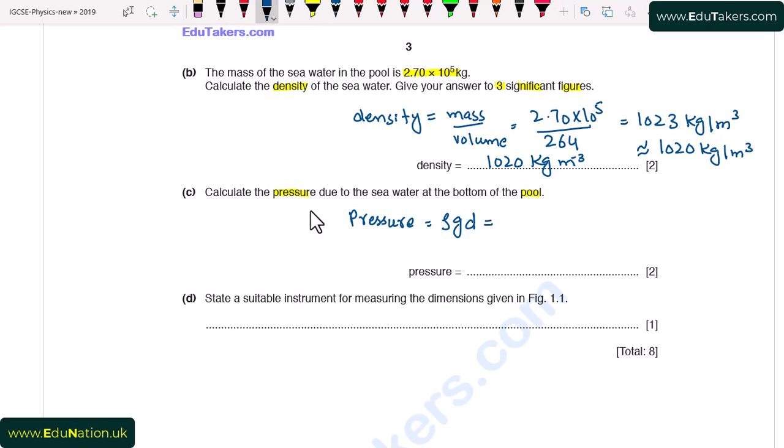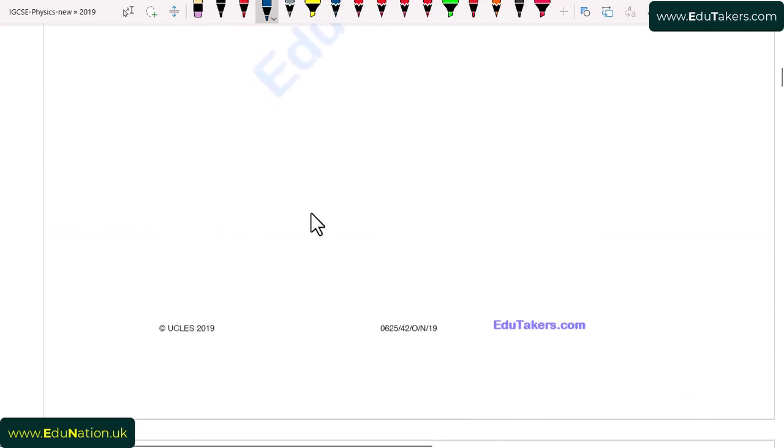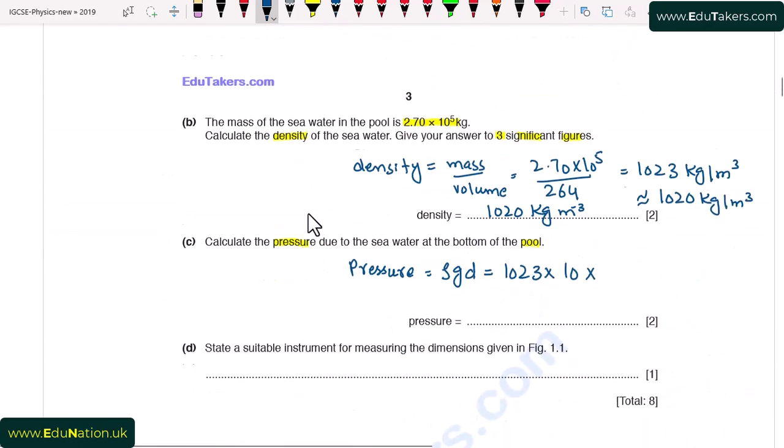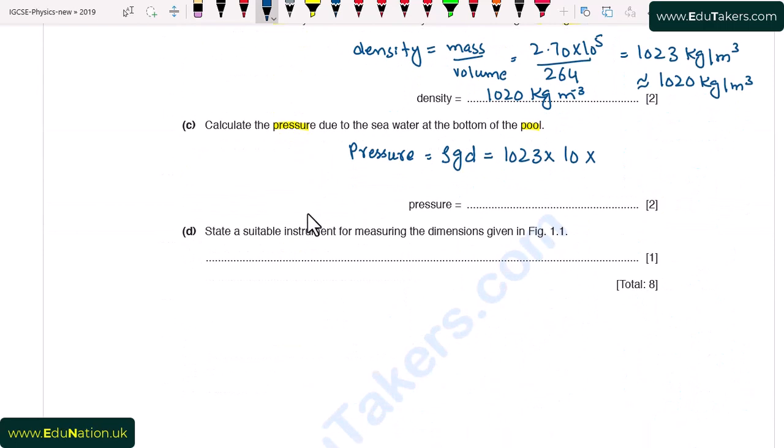Density is 1023 or 1020. I write here 1023. Multiply the value of g is 10 and depth we already calculated. It is equal to 0.3 meter. So I write here 0.3. So the pressure comes to be 3100 Pascal.